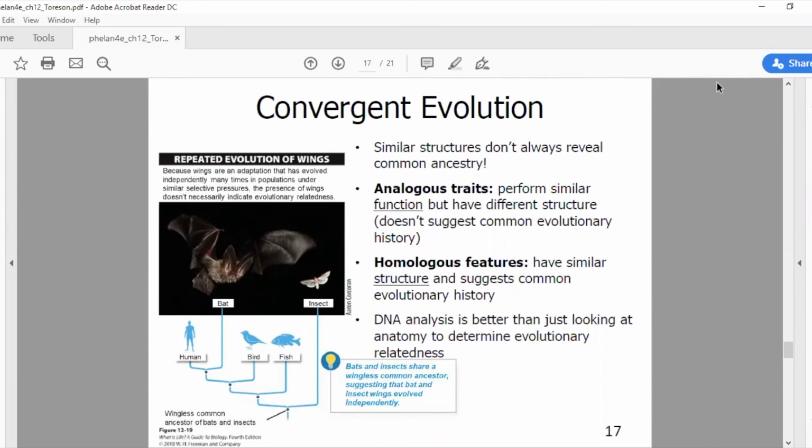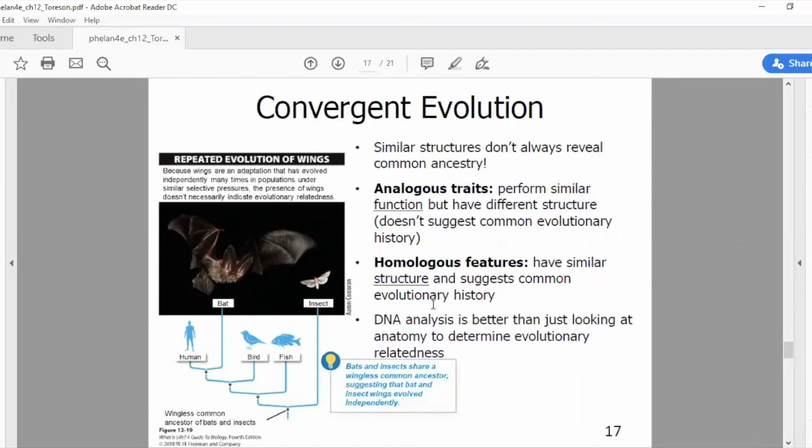Homologous features, again, are features that have a common structure or a similar structure to one another and suggest a common evolutionary history.